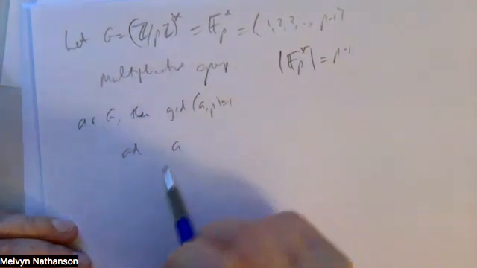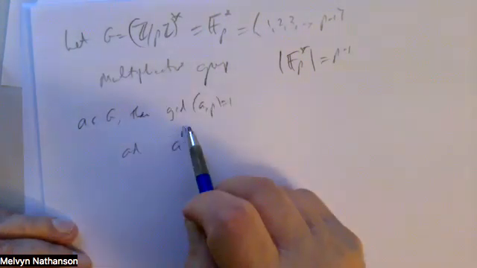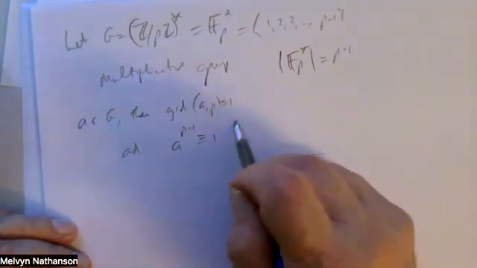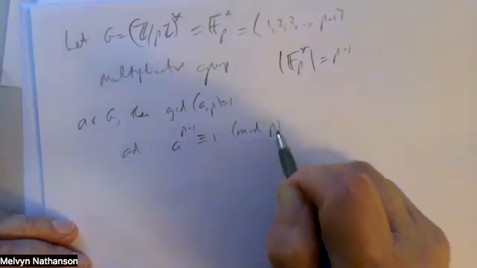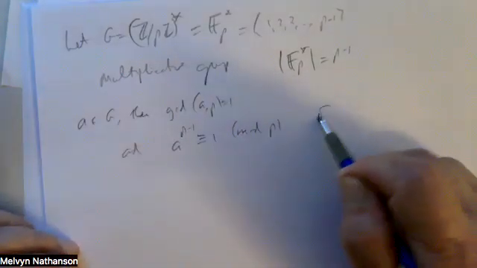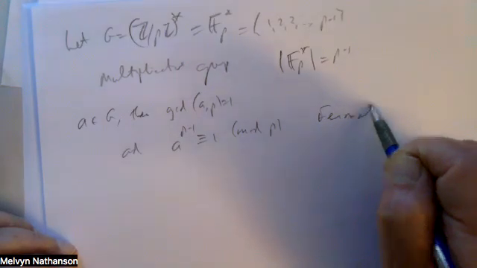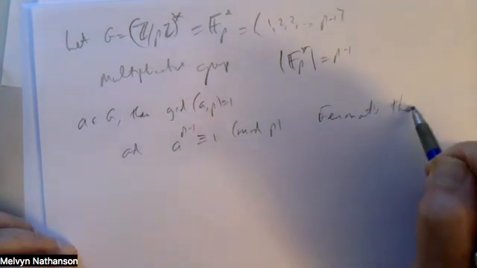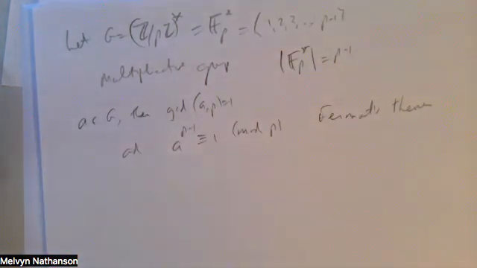And A to the order of the group, P minus 1, is going to be congruent to 1 mod P. This is Fermat's theorem. But we see Fermat's theorem is just a special case of Lagrange's theorem.